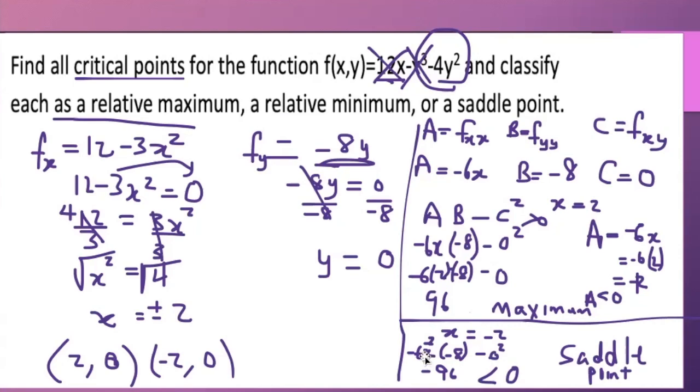But when you substitute x to be minus 2, minus 2 times minus 6, that's positive 12, times minus 8, that's negative 96. And here, automatically, I don't have to go any further because once AB minus C squared is less than 0, then it is a saddle point.